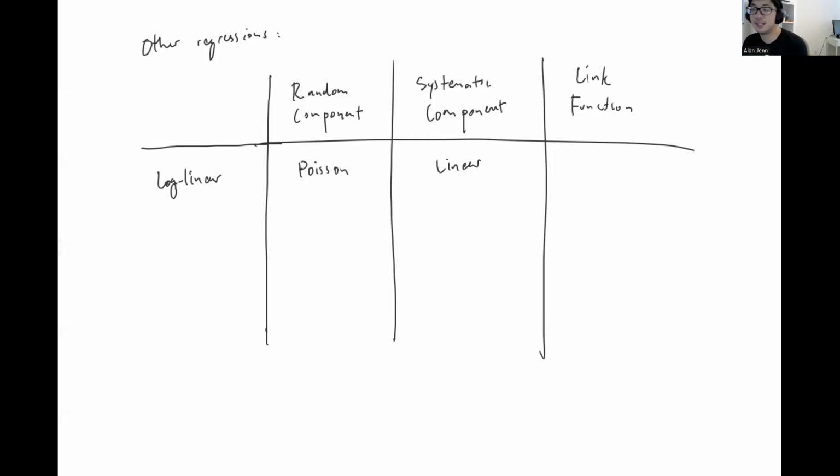Because we're doing GLMs, everything is going to be linear. And the link function is a log where x beta is equal to ln of mu.